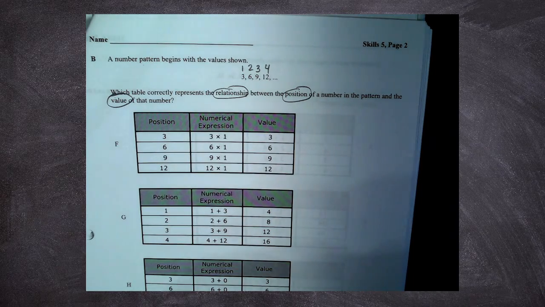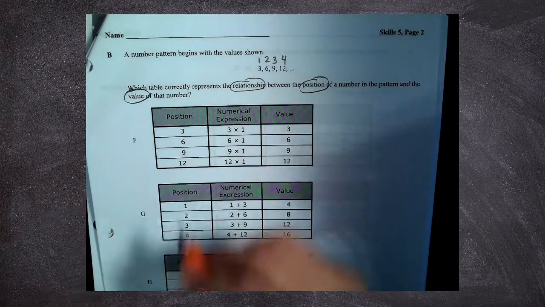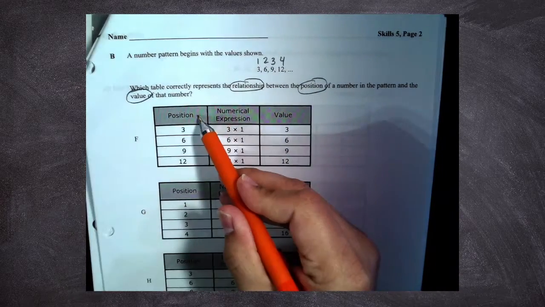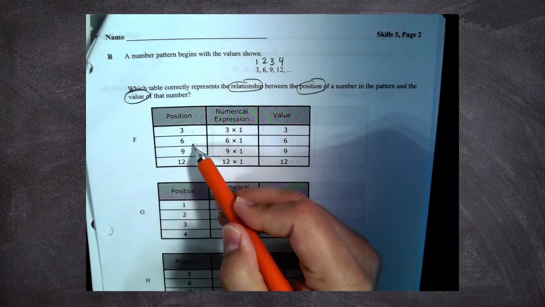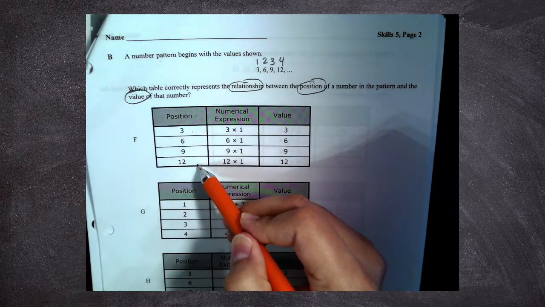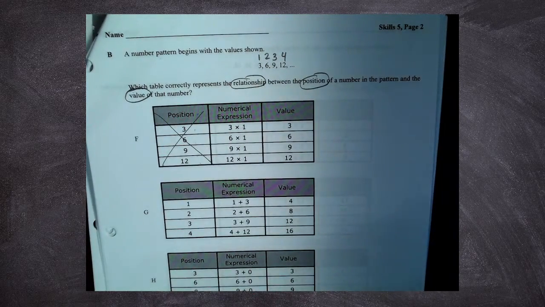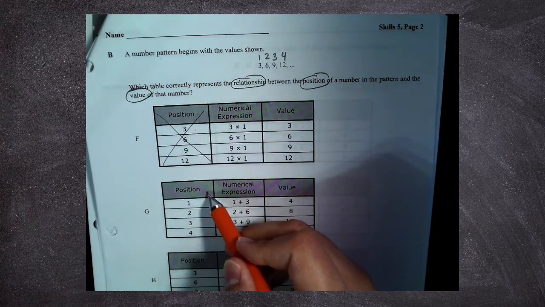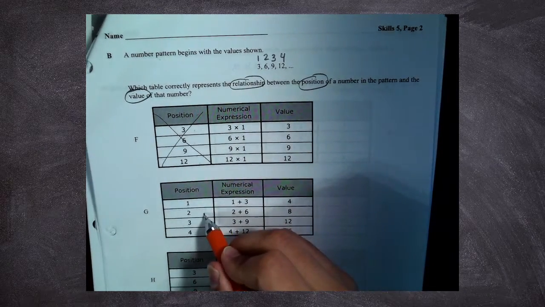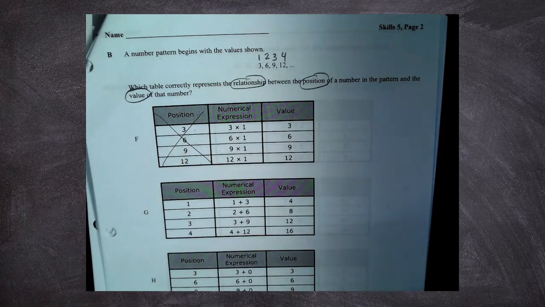I'm going to get rid of any answer choice that doesn't have the right positions. F, position 3, 6, 9, 12. No. G, position 1, 2, 3, 4. Okay, that's fine. Yes, Jadine.